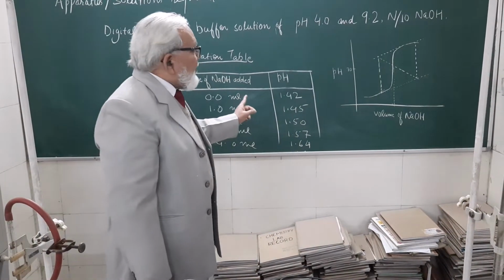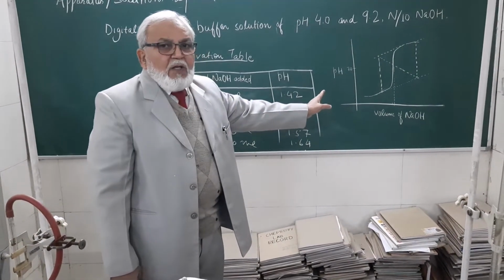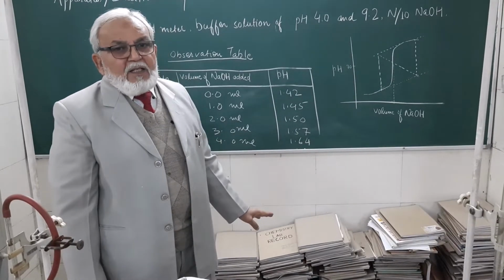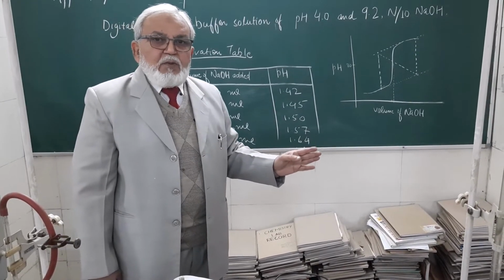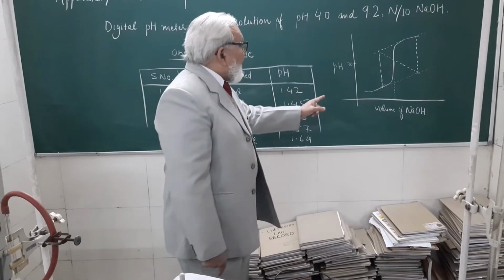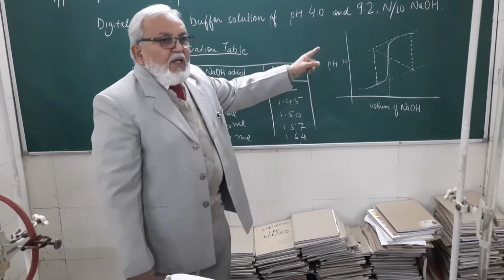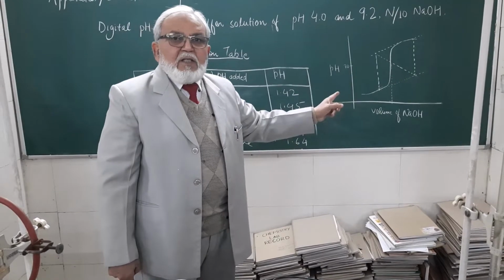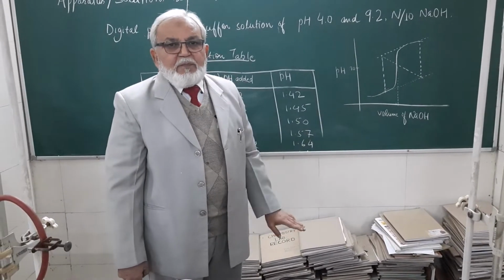Initially the rise will be slow, and when it reaches near the end point, there will be a sharp rise in pH, and it will go directly into the basic medium.